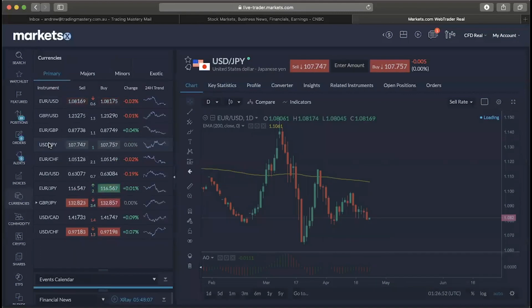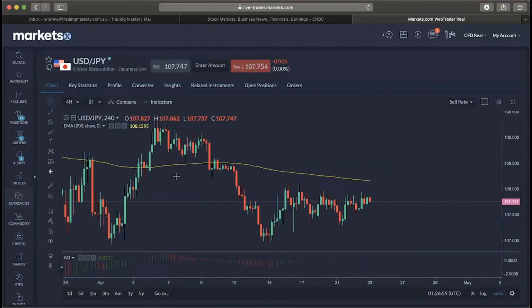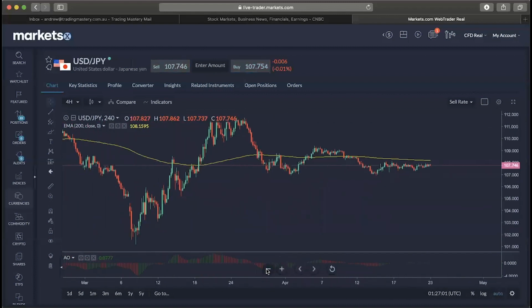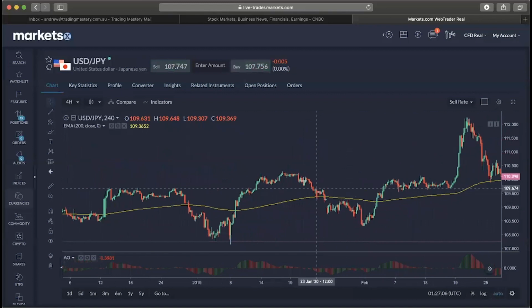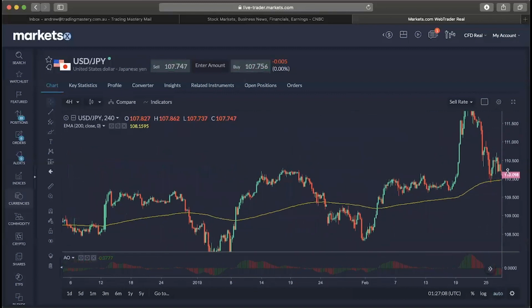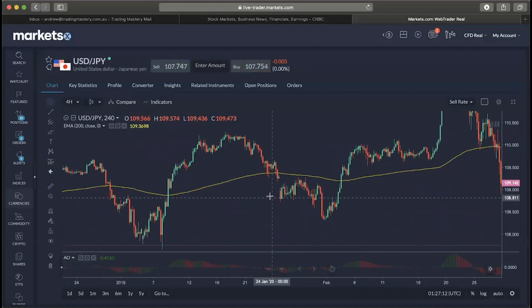Let's have a look at one more, the US dollar against the yen. We'll go into the 4-hour chart, and I'll scrunch my chart up so we can see it very clearly. We can scroll back a little bit, and I encourage you to do this yourself with your own chart to see where the market has been stair-stepping. In this particular case, the market had made an impulsive move to the upside, it pulled back, it came up, it came down here, and here's that first price breach.